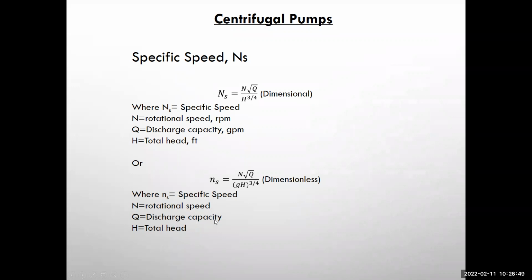Discharge capacity, I didn't write down any unit. Total head, if I use SI system, I will use meter cube per second and RPS. If I use FPS system, I will use feet cube per second and feet. But here, for rotational speed, what should be the unit? RPM. What should be the unit for discharge capacity?